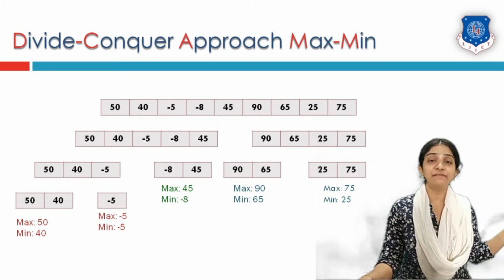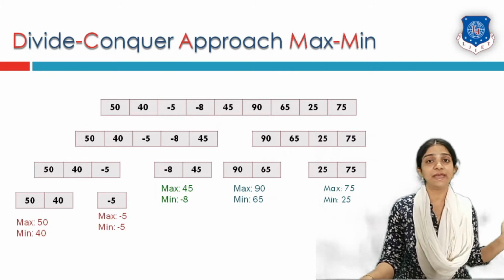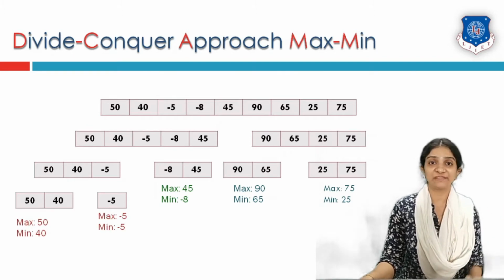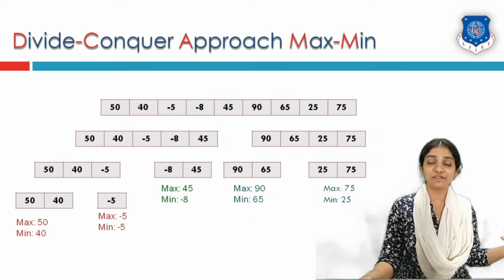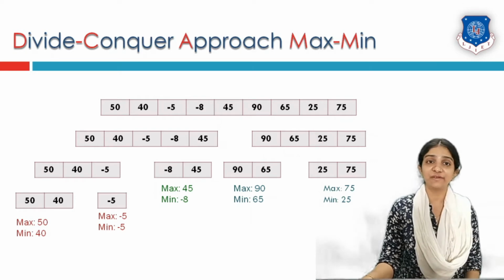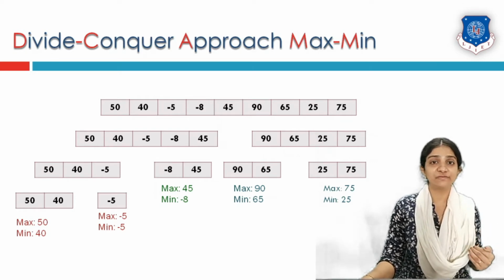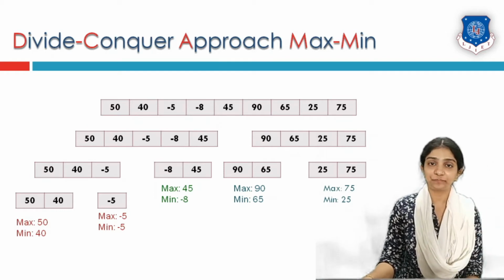We will combine 50, 40 and minus 5. We will first compare their max values and their min values. Max of the left sublist is 50 and max of the right sublist is minus 5. So out of 50 and minus 5, the maximum value is 50. So for the top level sublist, maximum will be 50.